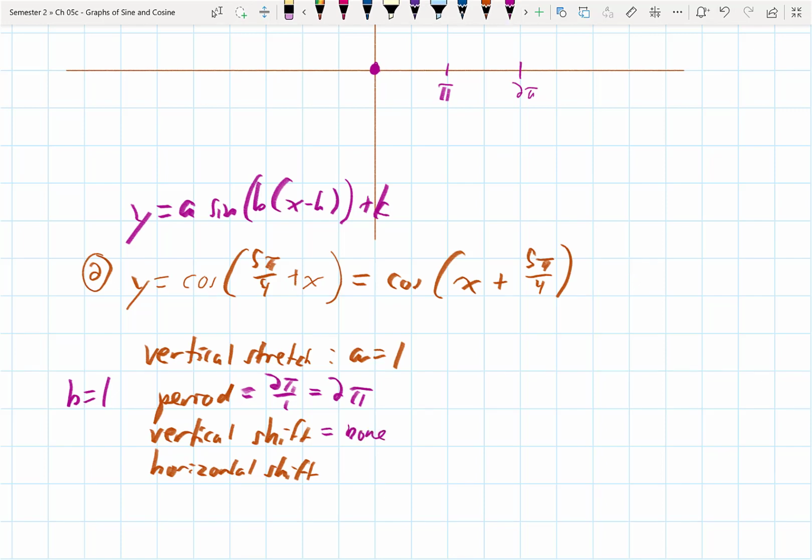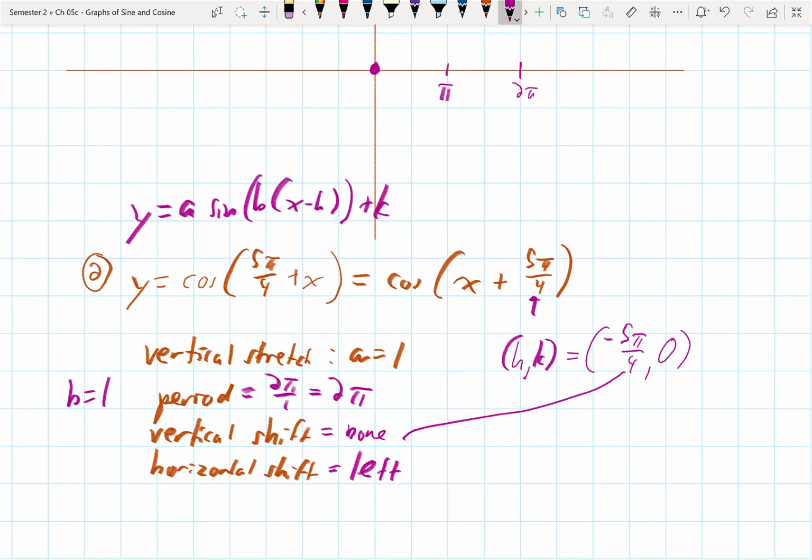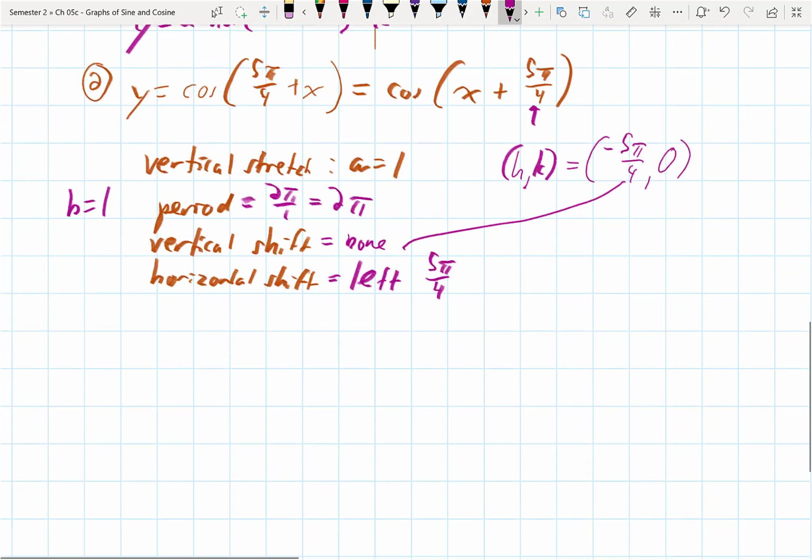And my horizontal shift is affected by the h value. So if I pull out what h, k is, h is the opposite of 5 pi over 4. It is negative 5 pi over 4, and then 0. So my horizontal shift is affected by this. It is left 5 pi over 4 units.